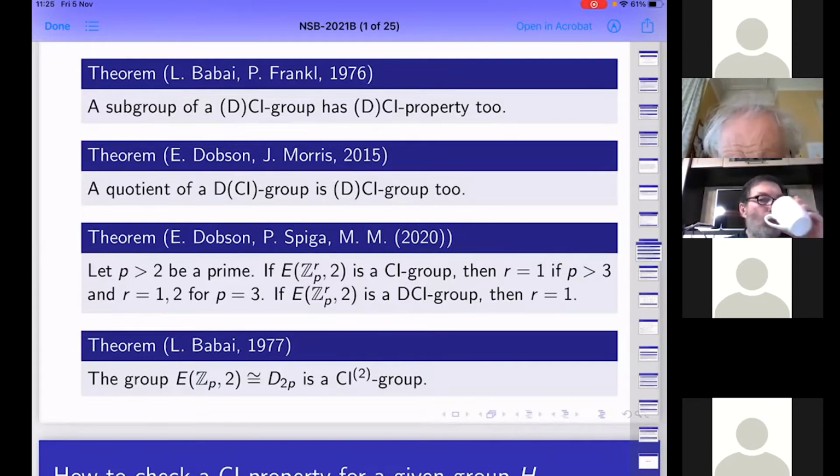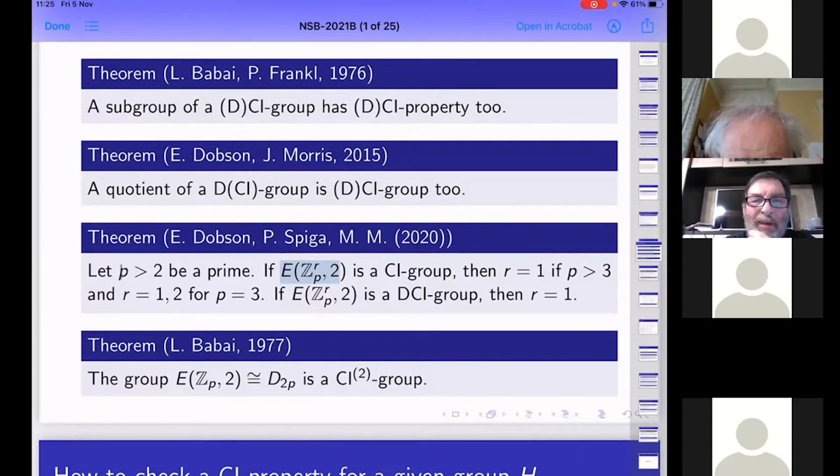So now if I take my group EM2, then I know that if P squared divides the order, then it should contain this as a subgroup. So our goal was to show that this is not a CI group if the rank is more than 1.